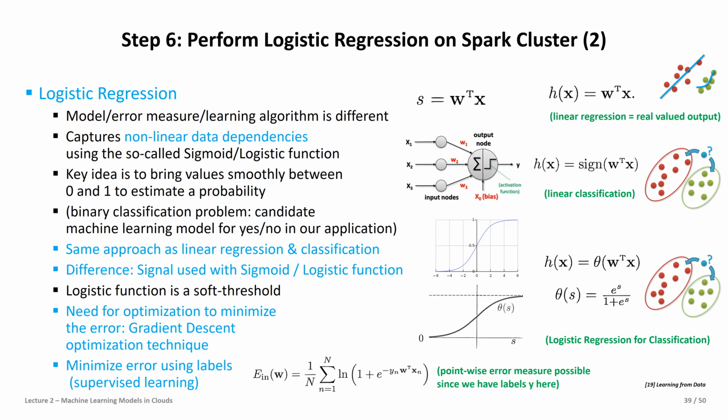Now, by also doing this, we can actually optimize. We have this line we put all the way through. And again, as we did with the perceptron learning algorithm of just adding or subtracting the vector, here we define the error measure, which is nothing else than a pointwise error measure. We can reuse it here because our label y is still there.